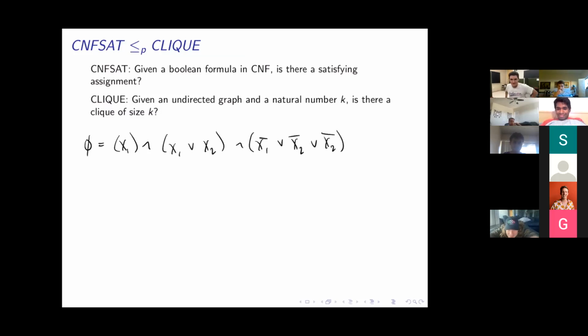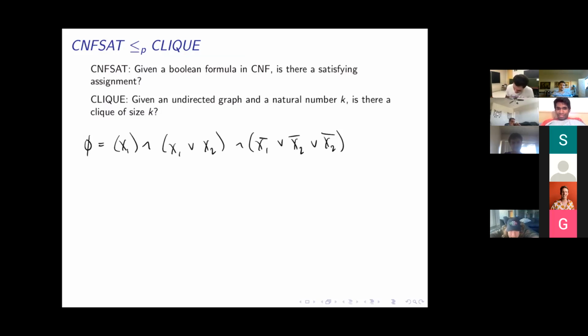This is a perfectly valid thing in conjunctive normal form. Now I need to produce for you a graph that has a clique if and only if this has a satisfying assignment. It's not super hard to check that this does have one: you set x1 to true and x2 to false. But here's how I could use a graph to do that.